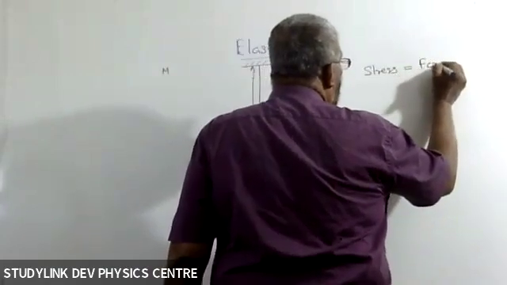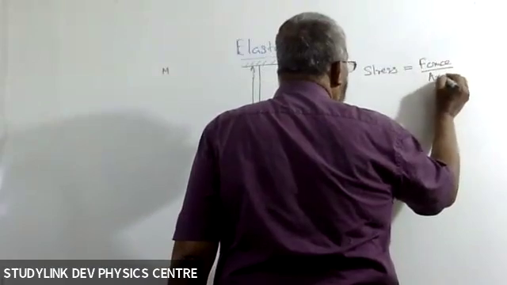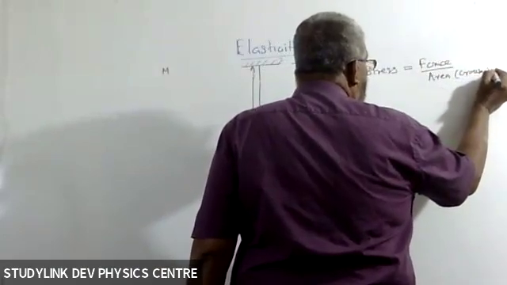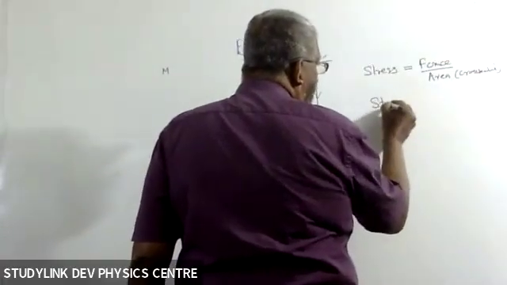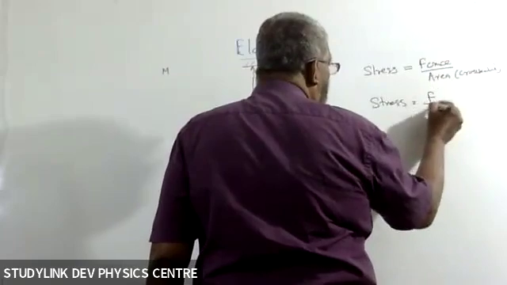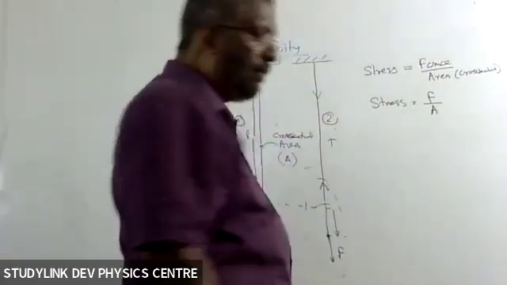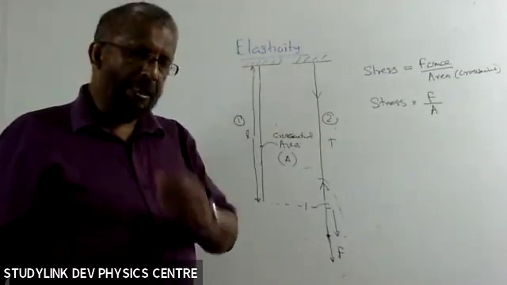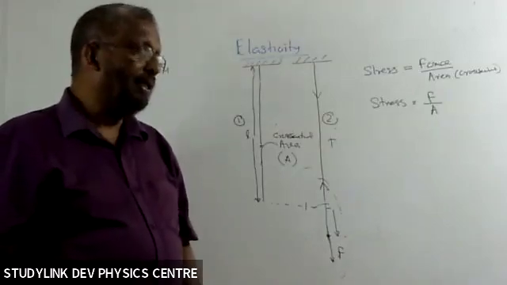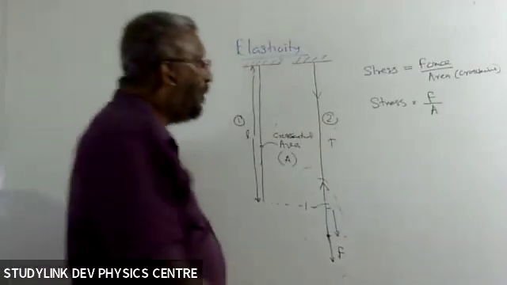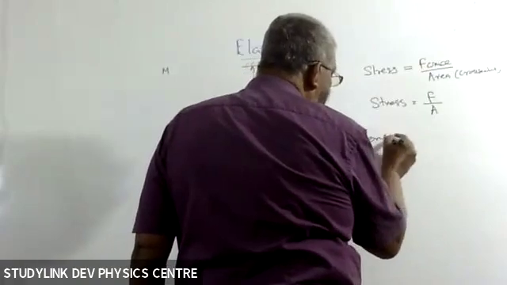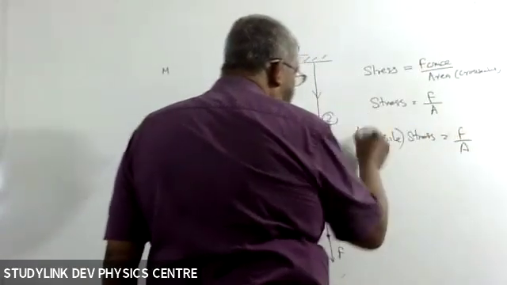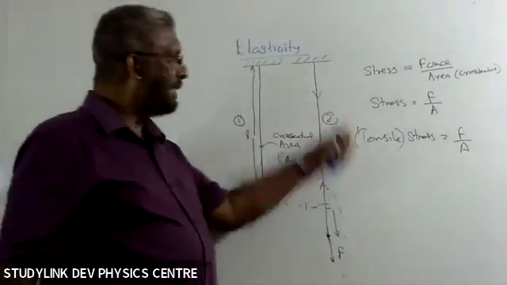Force means applied force, and area is the cross-sectional area. So stress is F divided by A. Since it is linear, to represent that we can use another word called tensile. So you can use tensile stress, F over A. Tensile means linear.